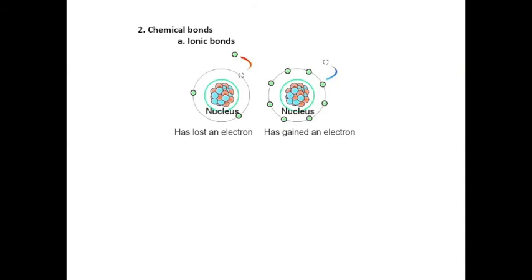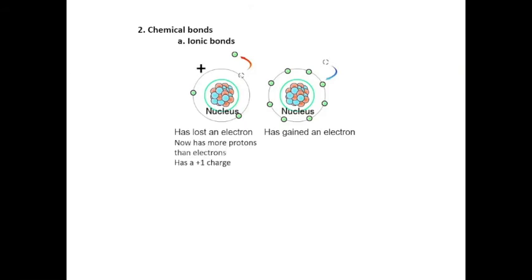It now is going to be positive, right? And if this atom gains an electron, which is negatively charged, it will now have a negative charge. So if you lose or gain electrons, you change the charge of the atom, and you change the nature of the atom.